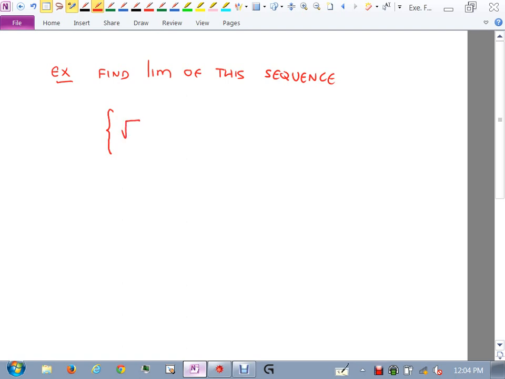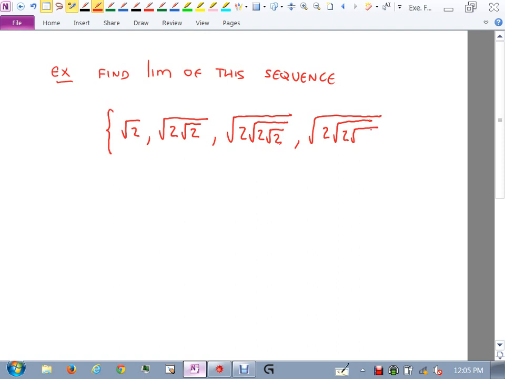The square root of 2, the square root of 2 times the square root of 2, the square root of 2 times the square root of 2 times the square root of 2, dot, dot, dot.